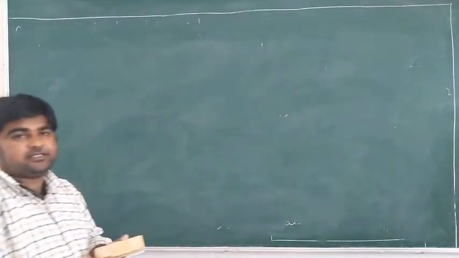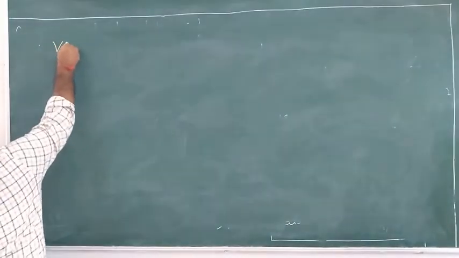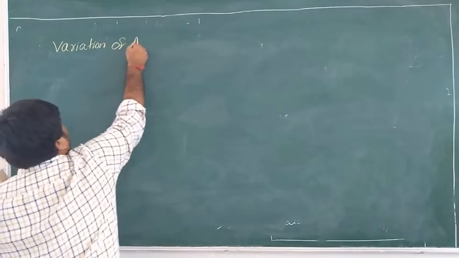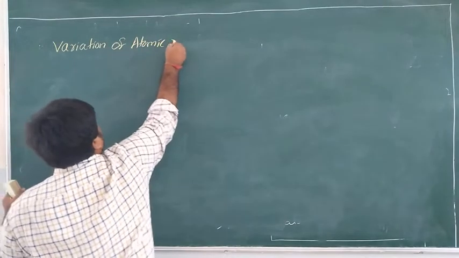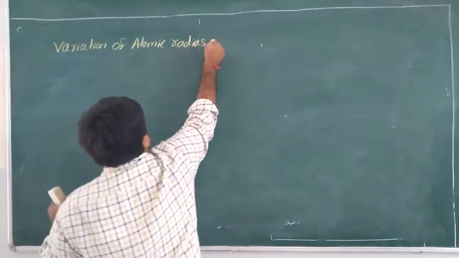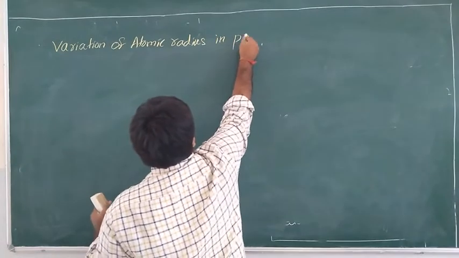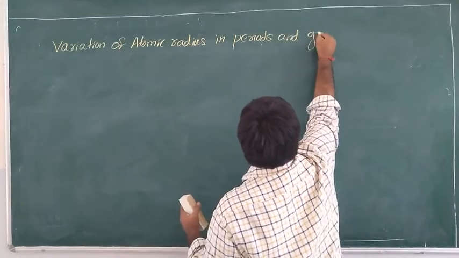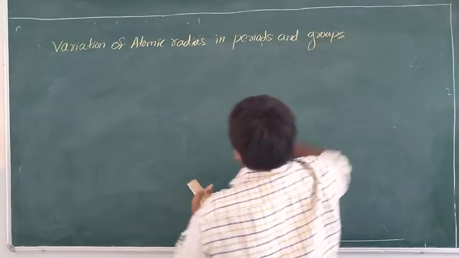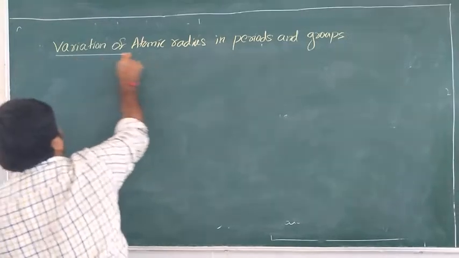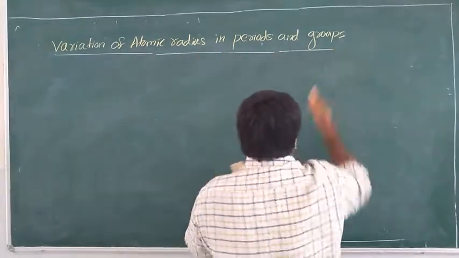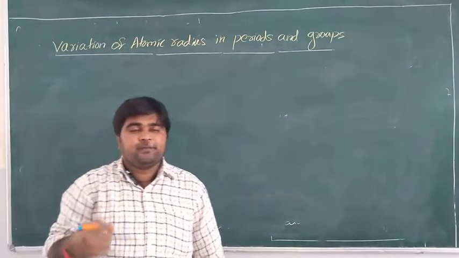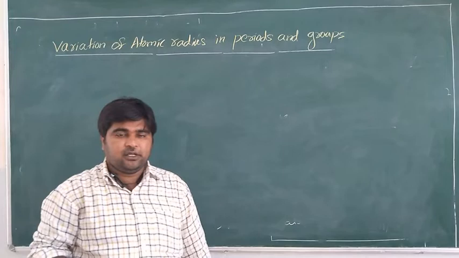Okay. So how does it vary? How does the atomic radius change within periods? How does it change in groups? Variation of atomic radius in periods and groups.